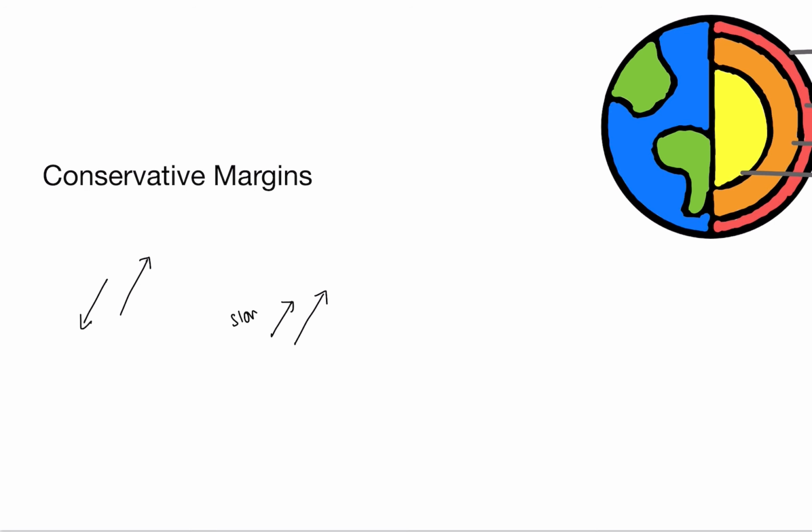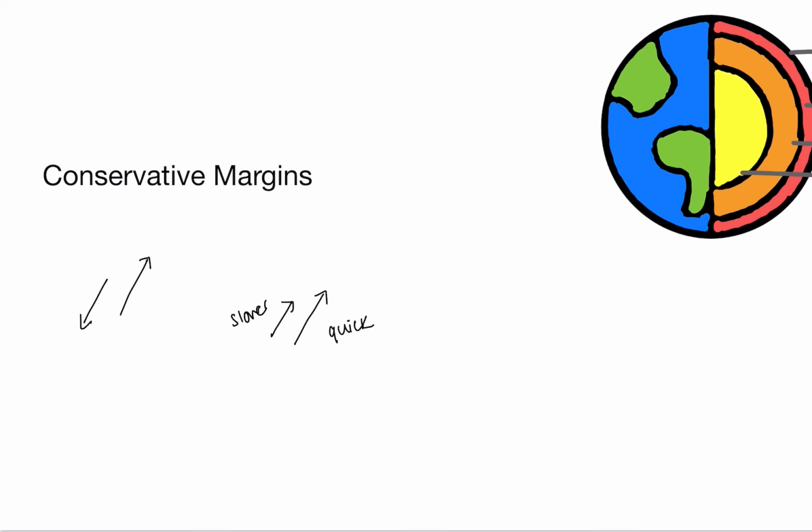For example, here I could have one plate going quite slow and the other going quite quick. In both of these instances, because they're moving at different speeds, the plates are still generating friction. So it doesn't matter which direction they're going in. The main question to ask yourself is, is there friction? And yes, there definitely is.